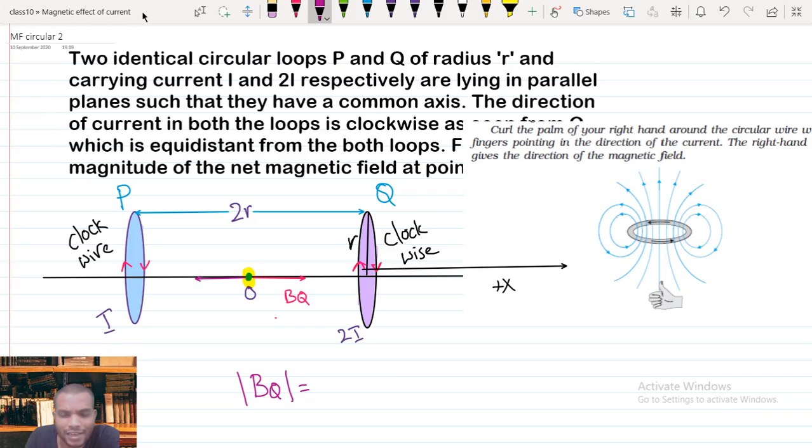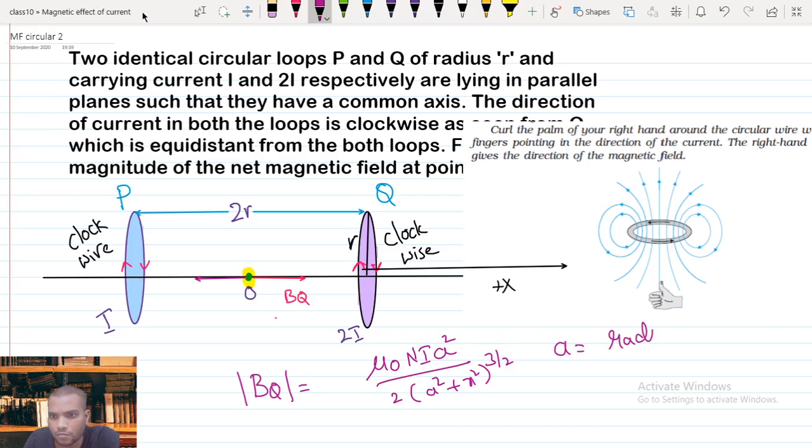Since O is an axial point, we can write this formula: mu naught n I a square upon 2 into a square plus x square whole power 3 by 2. Here a equals the radius and x equals the location of the point.